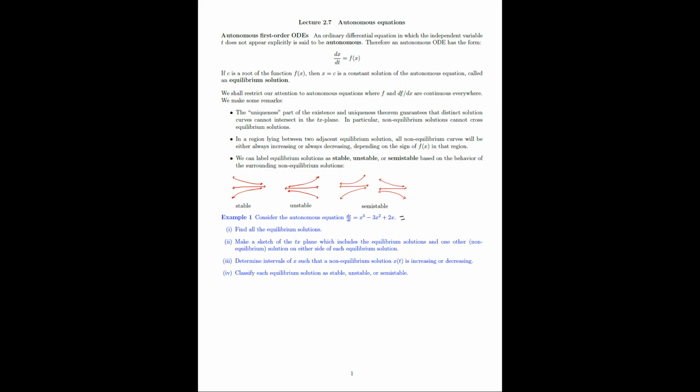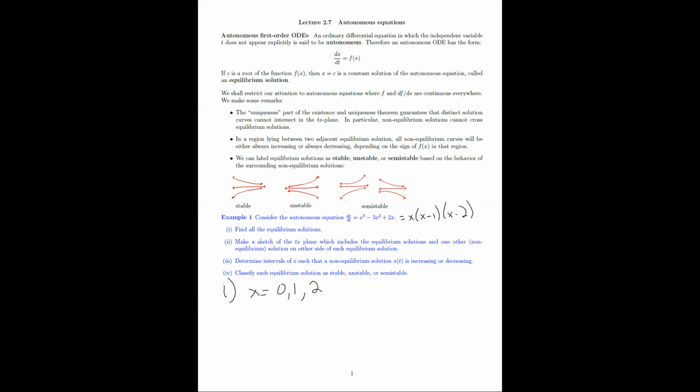Well, if we factor this, we get x times x minus 1 times x minus 2. So in fact, our equilibrium solutions are x equals 0, 1, and 2. We're going to use that in our picture here shortly. But those are equilibrium solutions: x equals 0, x equals 1, and x equals 2.